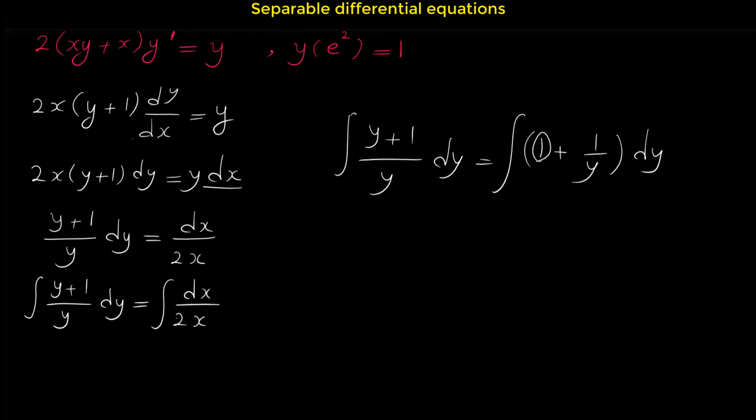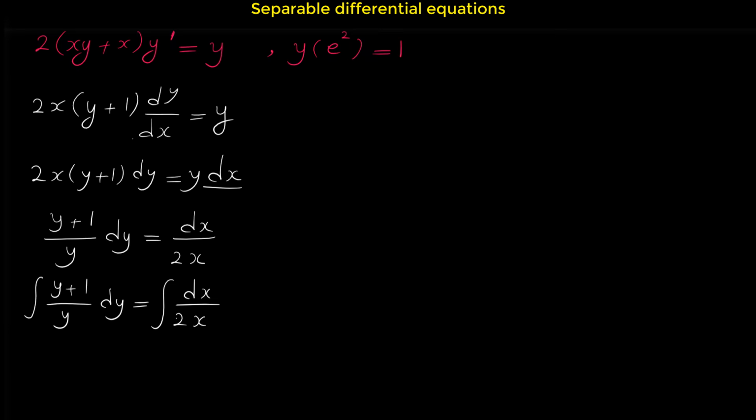Now the integral of 1 is y, and the integral of 1 over y is ln of y. So the integral of y plus 1 over y dy is y plus ln of y, and the integral of dx over 2x is 1/2.